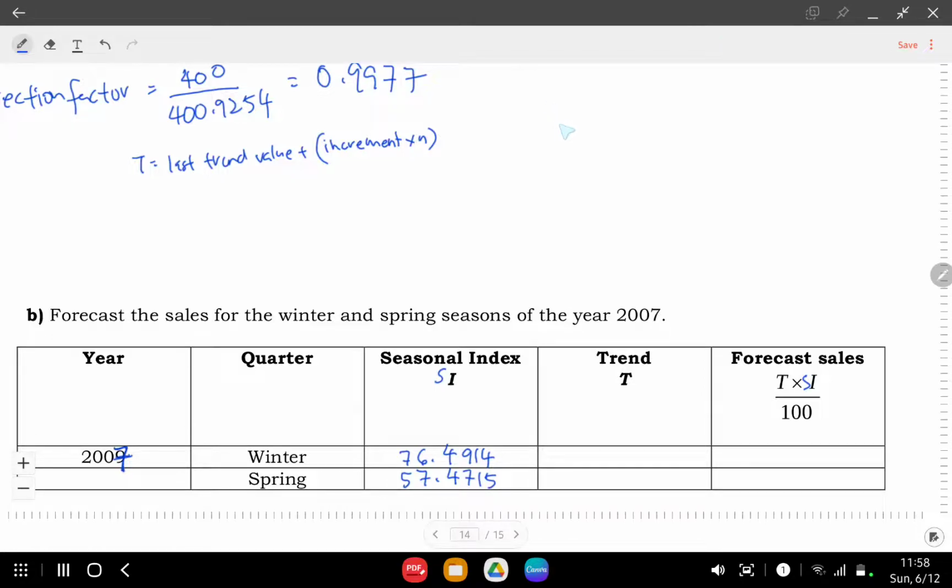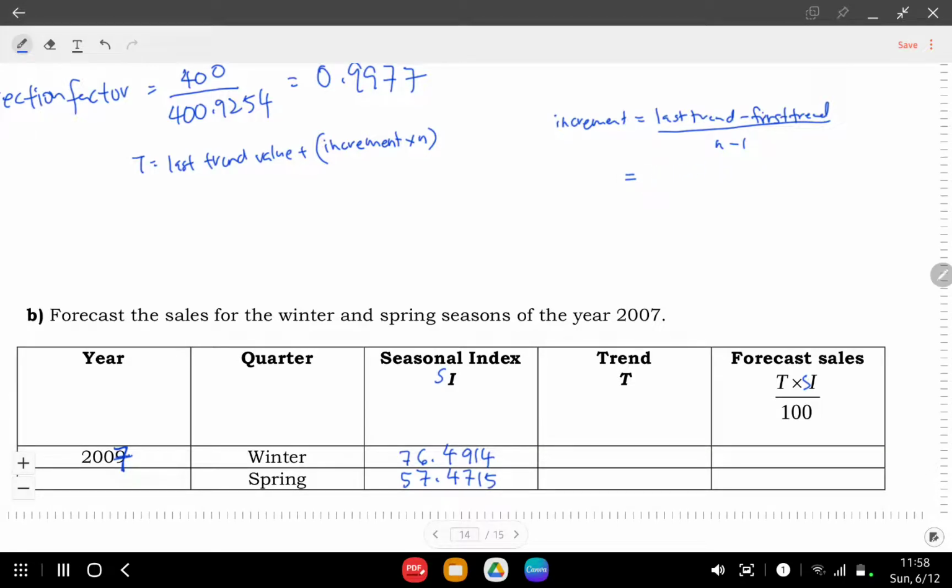And the formula for increment is what we have learned in the previous video: last trend minus first trend, divided by n minus 1.